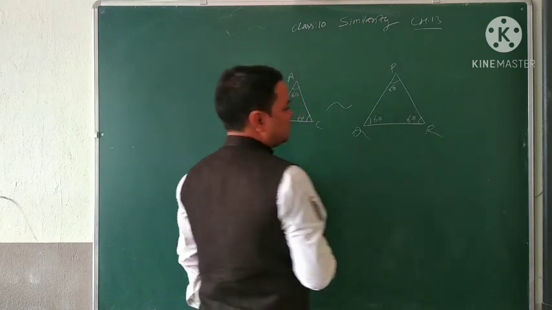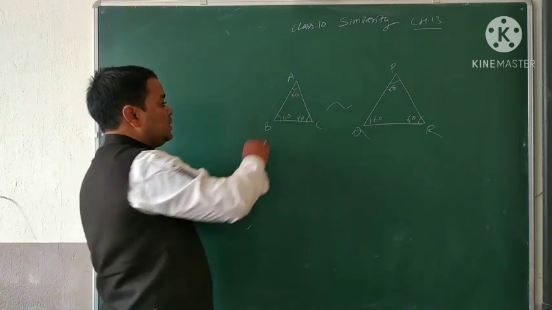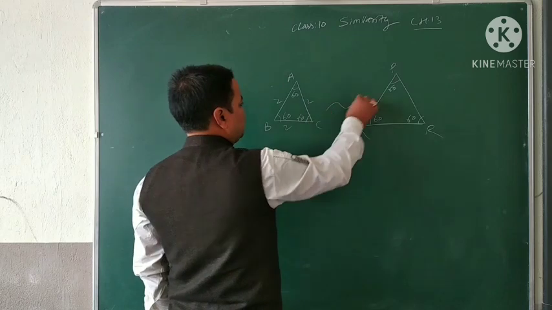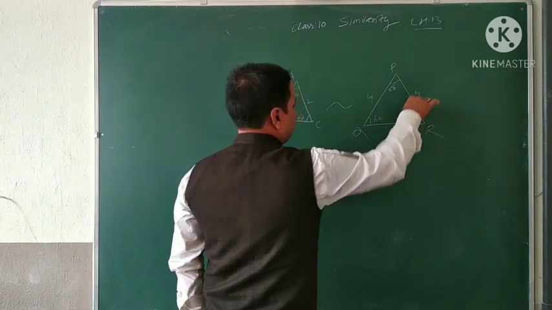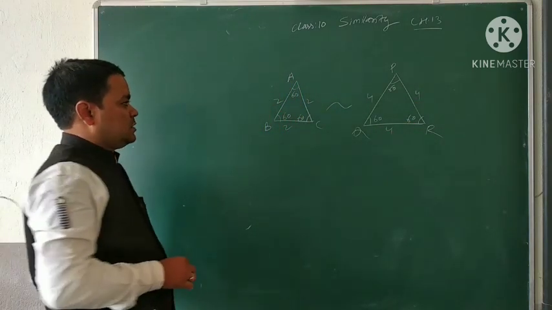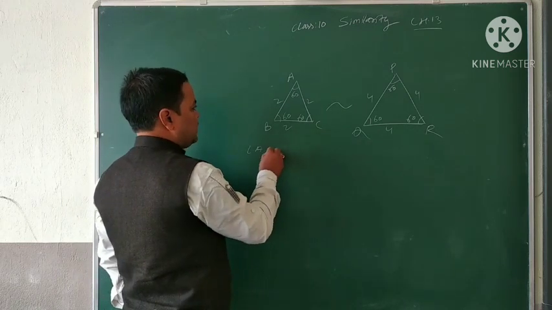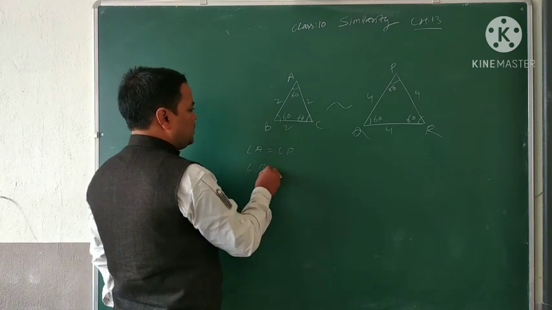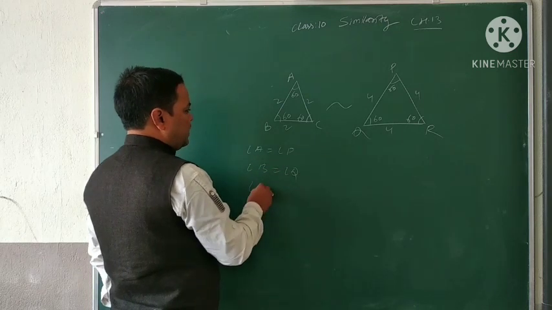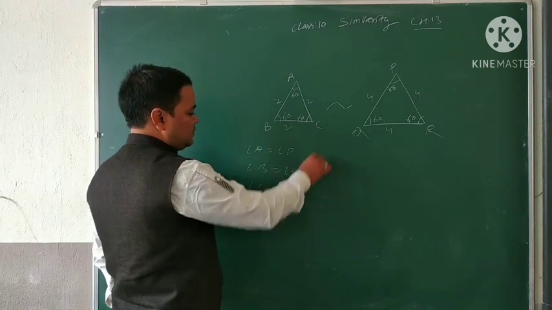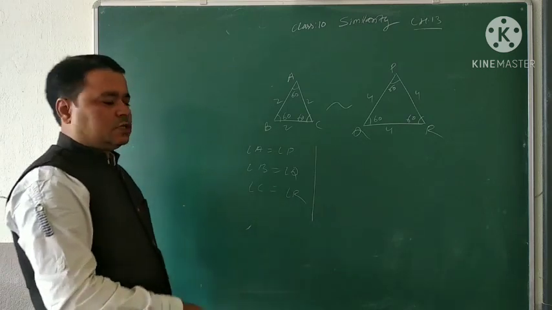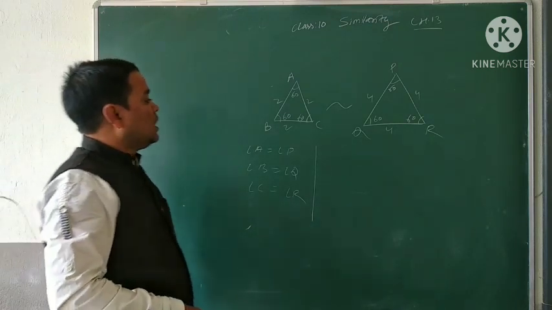They are the same. 2 centimeter, 2 centimeter, 2 centimeter, and 4 centimeter, 4 centimeter, 4 centimeter. What do we get? The corresponding angles: angle A is equal to angle P, angle B is equal to angle Q, and angle C is equal to angle R. 100% it will be correct.